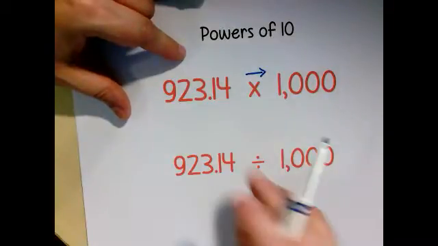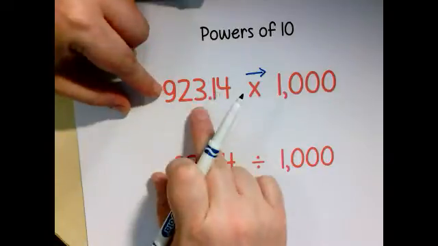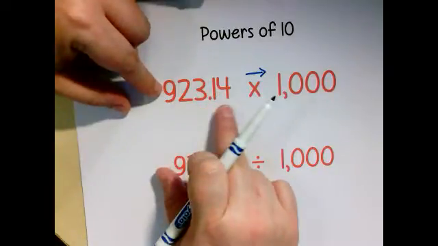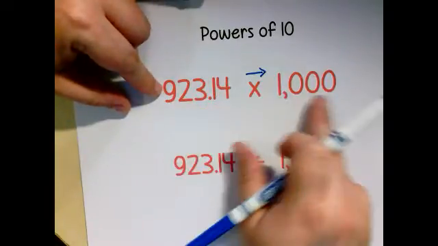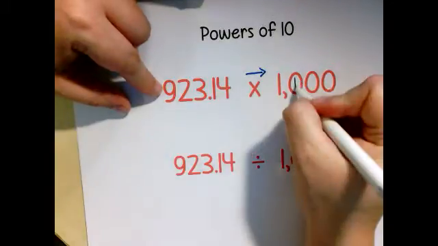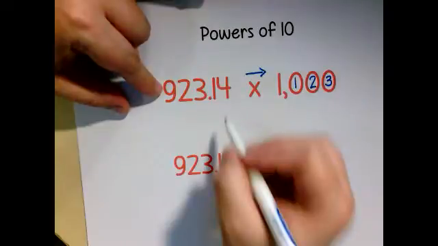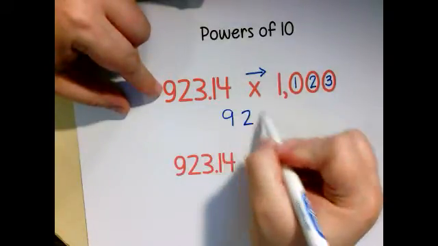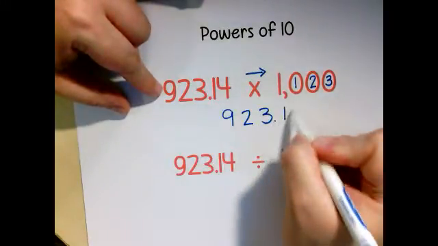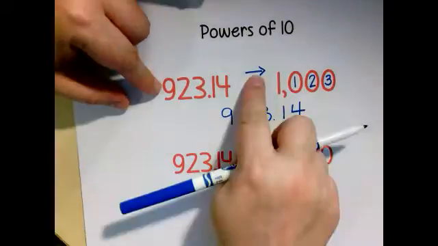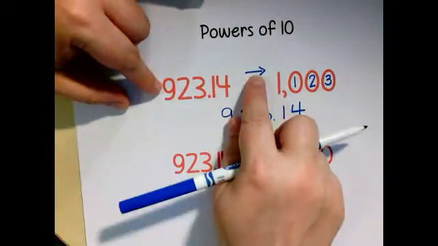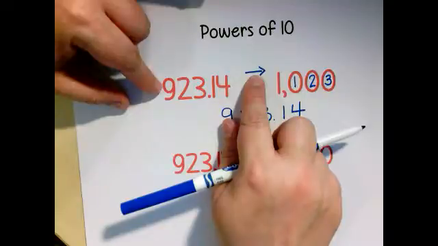And so if I am going to multiply 923 and 1400ths by 1,000, I see here that I have 3 zeros. I'm actually going to rewrite this down here so I've got some room, and I need to move it to the right. So I need to move the decimal point to the right 3 times.